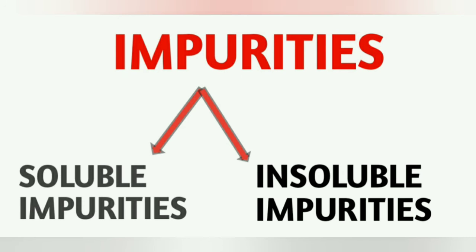So we have two kinds of impurities, soluble impurities and insoluble impurities. Soluble impurities dissolve in water. For example, salt. Salt can easily dissolve in water.